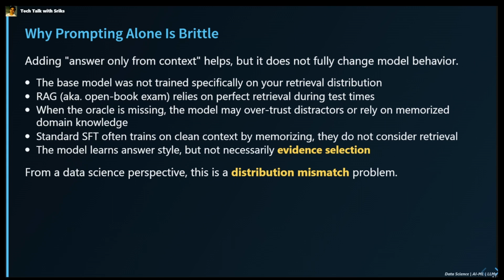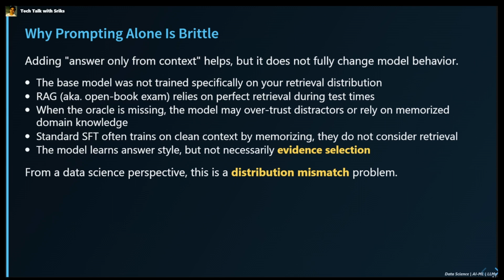Now, another approach to dealing with this particular problem is fine-tuning the model itself, if it is fine-tunable, with a golden data set. In this particular case, the model is going to memorize the questions and answers, but it does not consider the retrieval at all. It may not have seen the out of context answers. It may not have seen the complete domain. It may not know answers to all the questions. When you go beyond the training data set, you again may see the problem that the model is not able to answer the question.